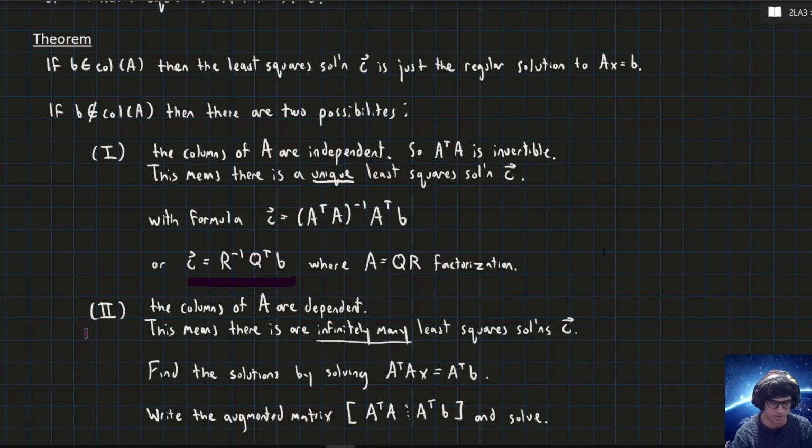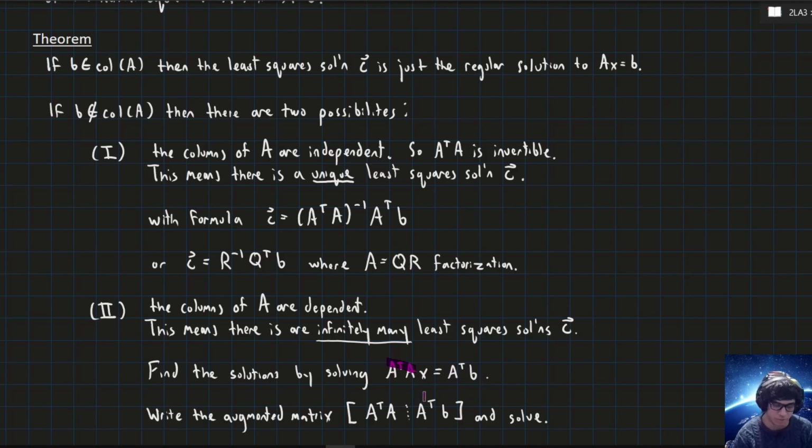The second possibility is that the columns are dependent. In that case, there are infinitely many least squares solutions, so infinitely many C's here. We have to solve it by forming the augmented matrix. Remember, the right-hand side is just a vector and A transpose A is a matrix.